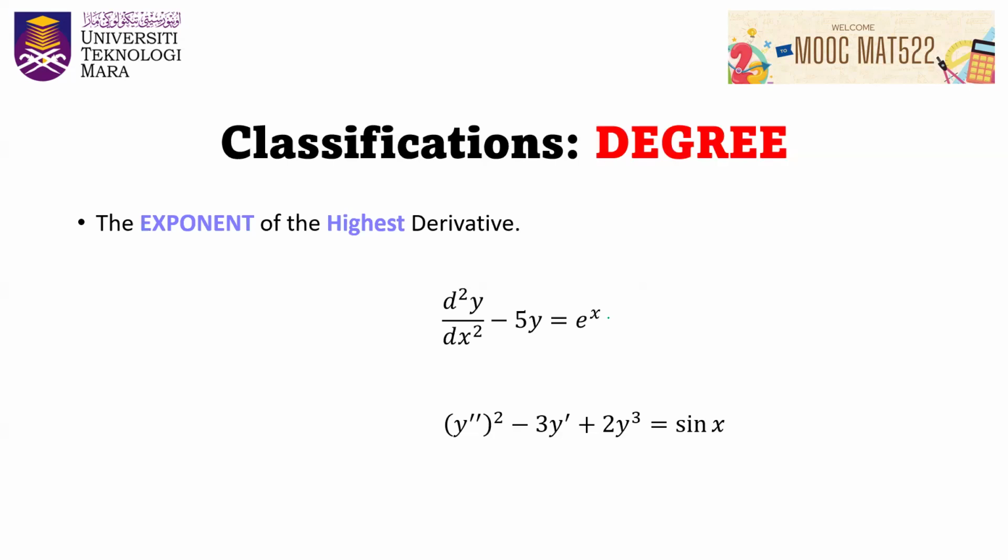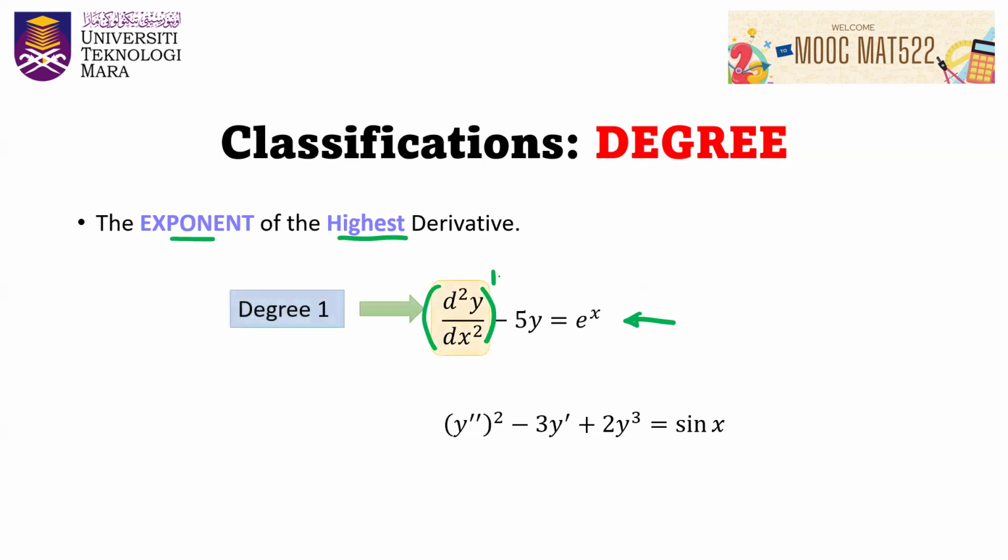The third classification corresponds to the degree. The degree of a differential equation is the exponent of the highest derivative. Be careful with the keywords here: the exponent of the highest derivative. In the first example here, the highest derivative is d squared y over dx squared. This term has the exponent of 1.